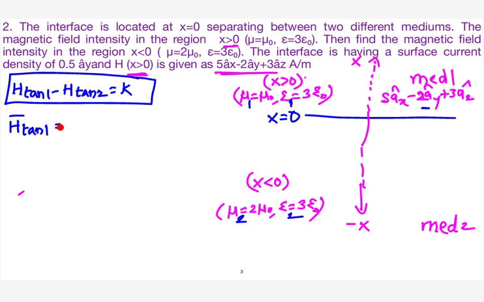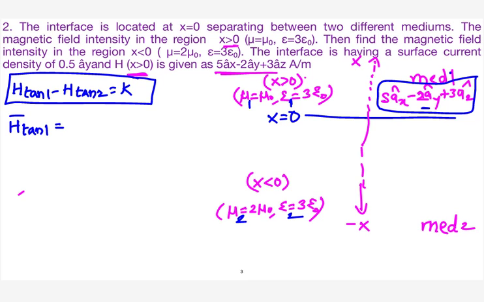What is H tan 1? That means, what is the tangential component of the magnetic field in medium 1? Out of this equation, which one represents the tangential component? Is it minus 2ay plus 3az cap? Correct, because it is the YZ plane.